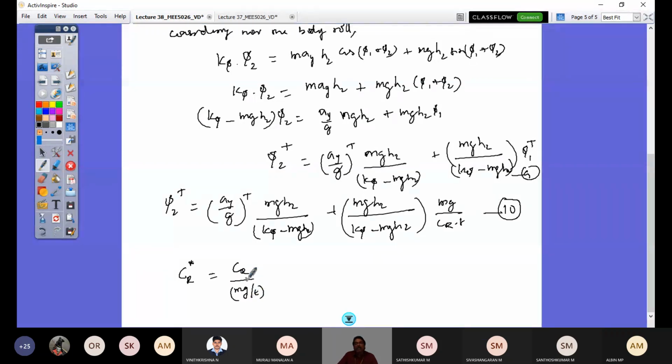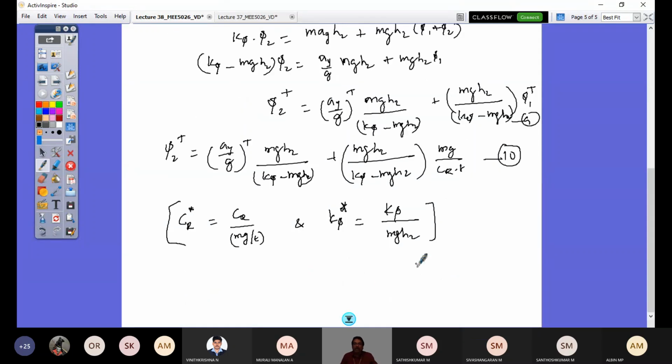And instead of k phi I have k phi star, and that's going to be k phi by mg h2. So if I introduce these two normalized quantities, CR star and k phi star, the expression would now differ like this.